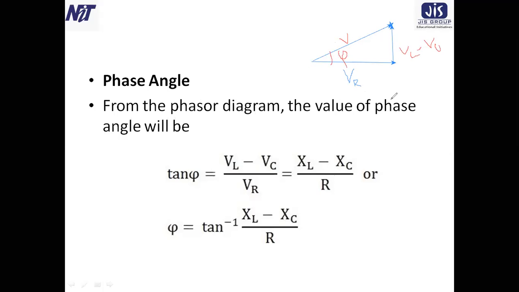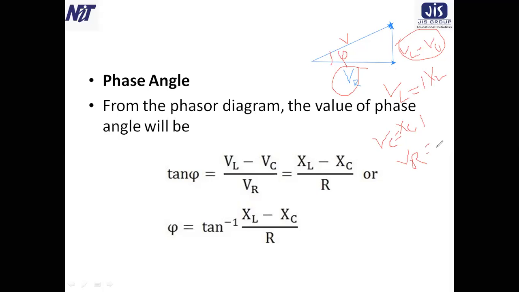Now, what is tan phi? Tan phi is VL minus VC by VR. Very simple. We write here XL minus XC by R. Now, why are we writing this? Because what is VL? VL equals I into XL. VC equals XC into I. And what is VR?